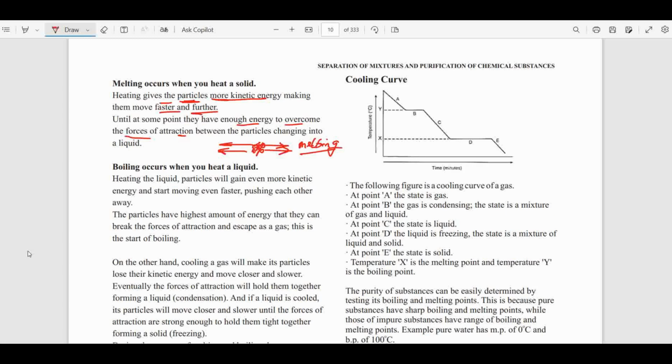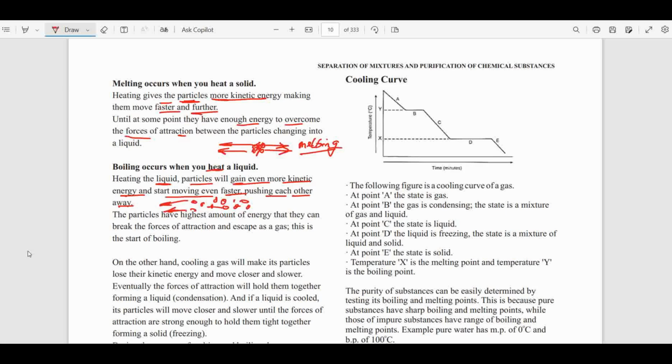And if we apply the same logic to boiling, for boiling to take place, you must also apply heat to a liquid. And when you do that, the particles will also gain more kinetic energy and they will start to move even faster, pushing each other away, just like what we have here. So you have these particles of liquid that are already a bit separated, and then they begin to move further apart.